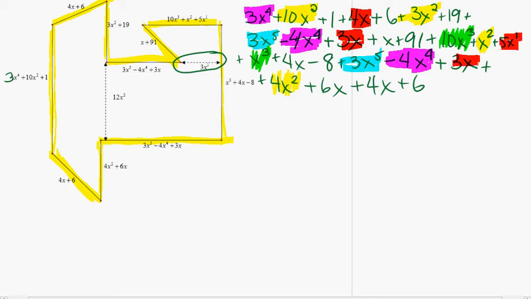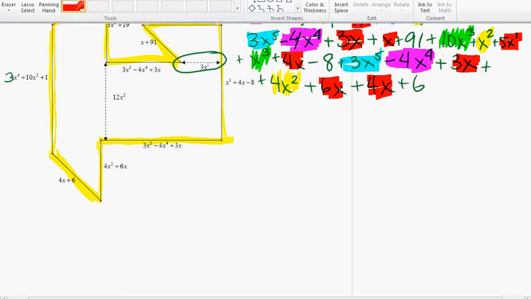Those are the same. One hiding there. Any other x to the firsts? Nope, and then looking at what's left, it should just be x to the zeros, or just constants, which is what it is. Great, so now I can start combining.